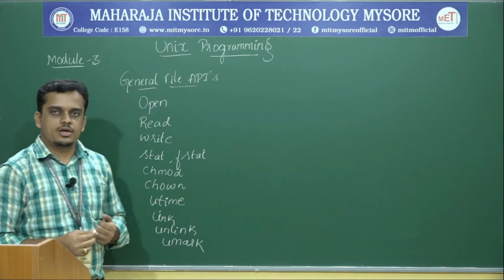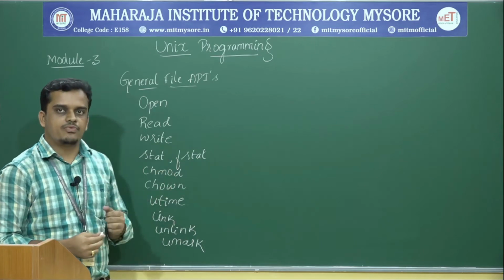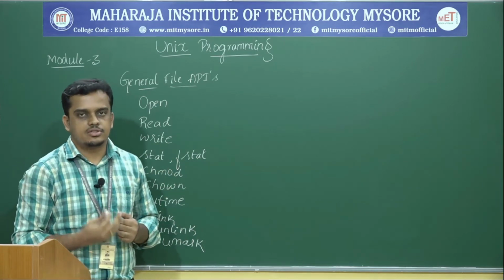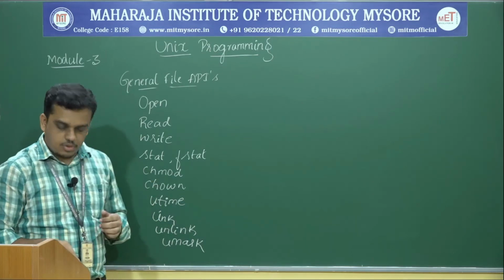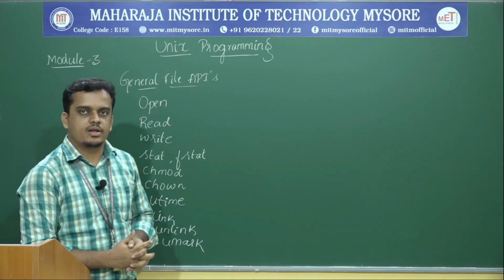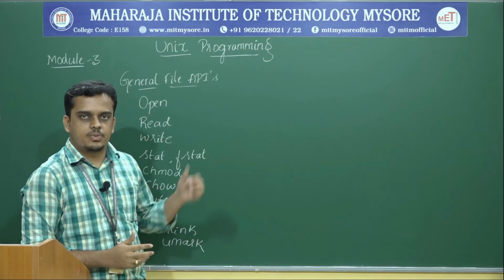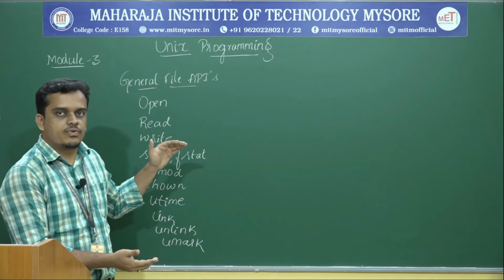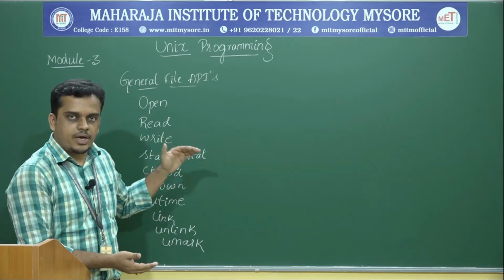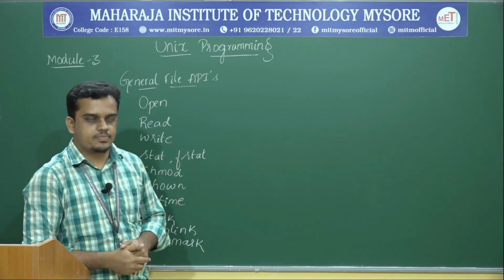All these are different APIs meant for interfacing with a general file type. These are not the only ones, there are plenty more APIs for the general file type, but these are considered the most frequently used.